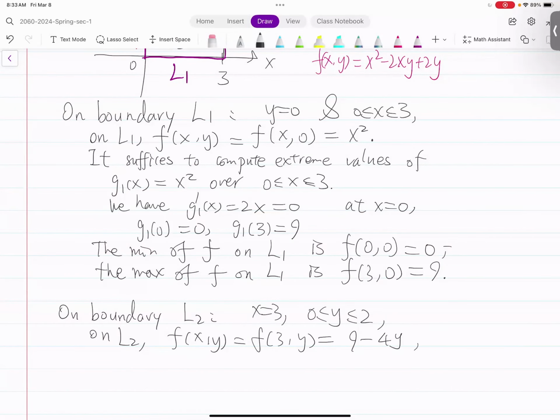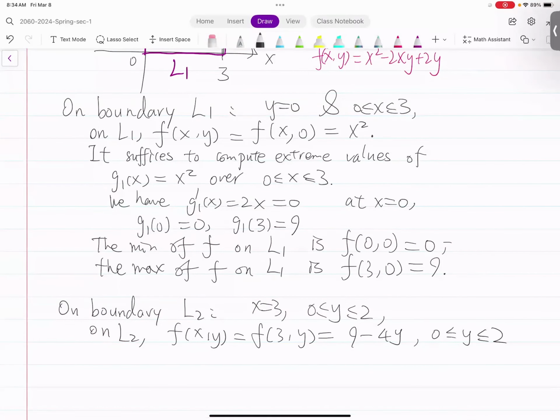And this is actually a linear function. So if you want to conclude it, you can directly make the conclusion. But here, let's do this systematically.